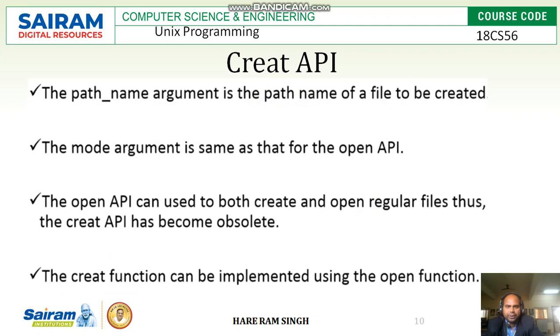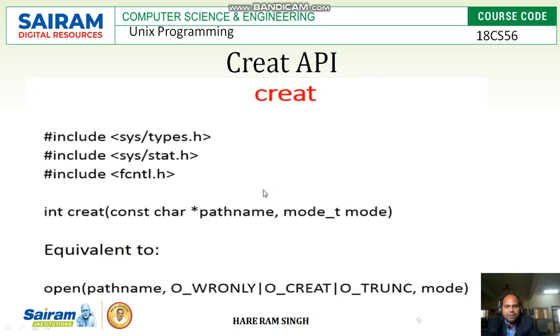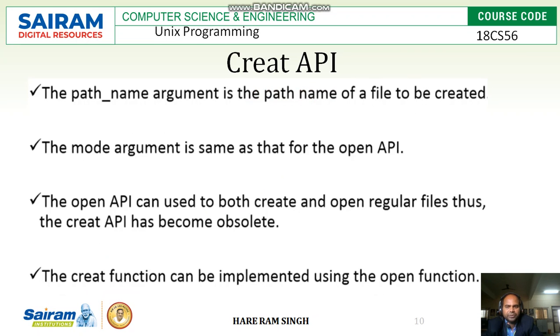So the pathname argument is the path name of a file, which means it holds the address of the path of the file. The mode argument is the same as that of Open API.